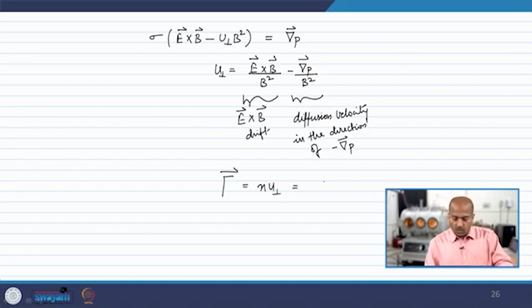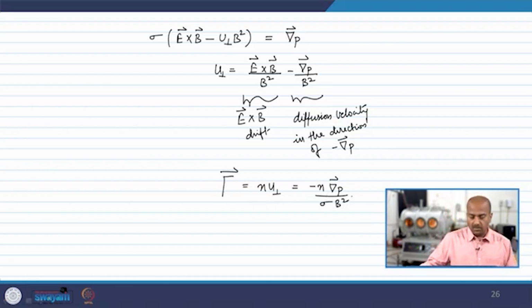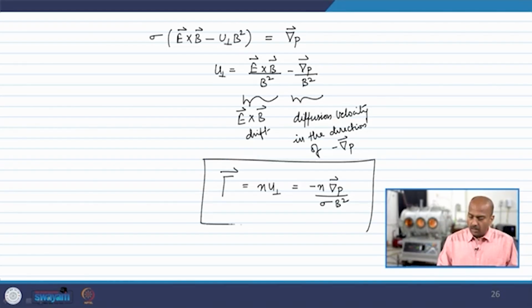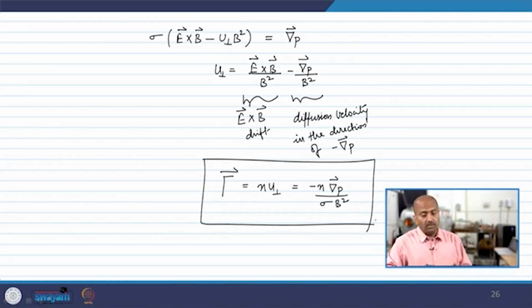So, using this, only the pressure gradient, because the other term is the E cross B term, is sigma B square. What is n? n is the number density, number of charged particles per unit volume, right. So far this is the flux. So, this will be the diffusion flux for a fully ionized plasma in the presence of a magnetic field, right.